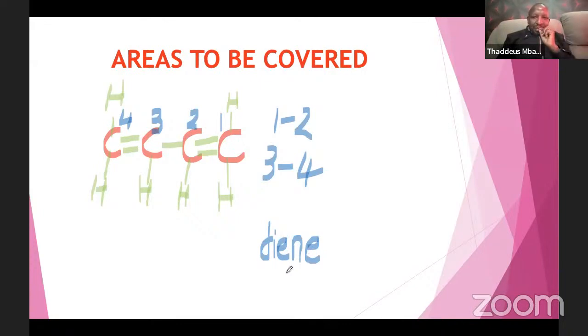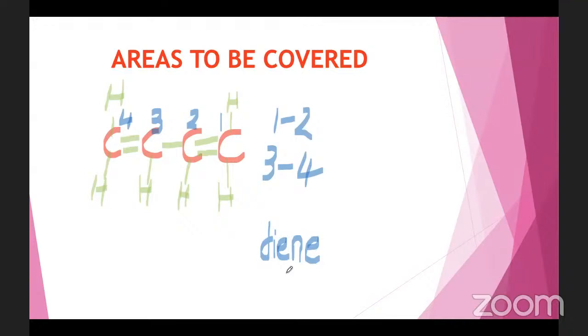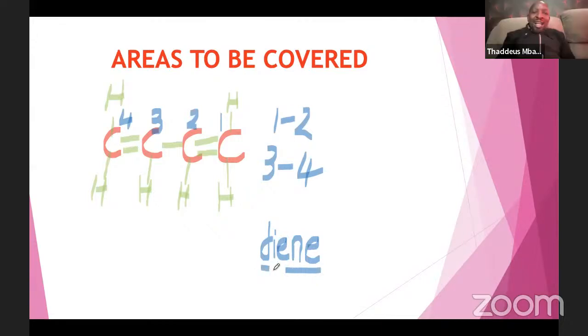Are we together? We are supposed to tell where they are. One is between the first and the second, so you say 1.